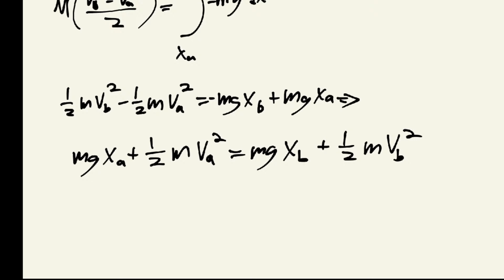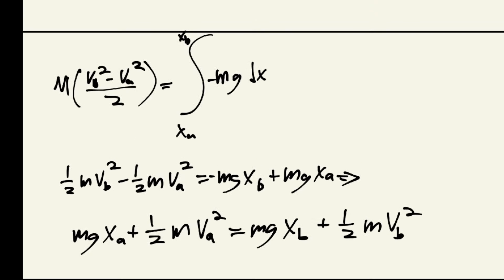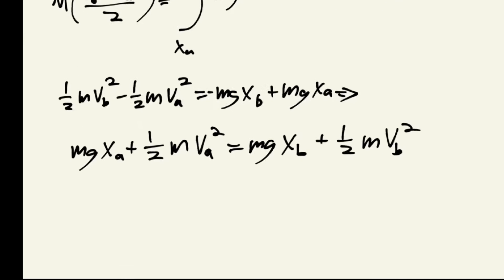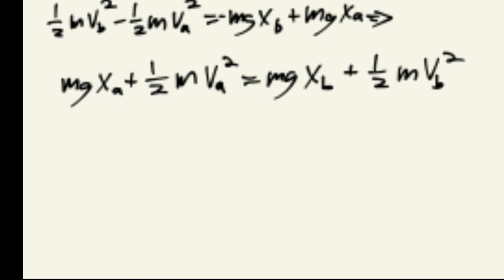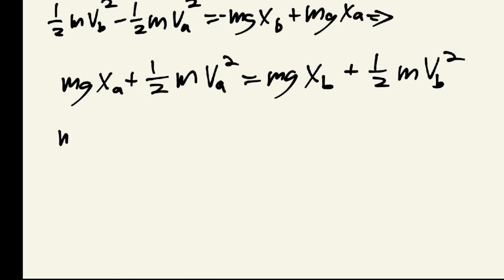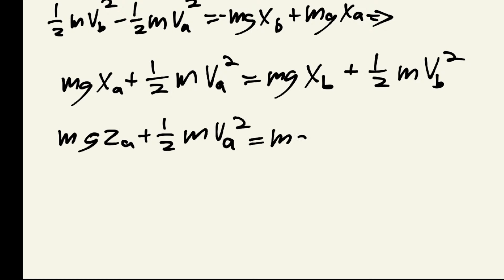And really x should be z, because we're talking about positions in the z direction. But I started off with x over here, and so I wanted to follow through with that all the way. So let's rewrite it in terms of g. So mg z sub a plus 1 over 2 mv sub a squared equals mg z sub b plus 1 over 2 mv sub b squared.